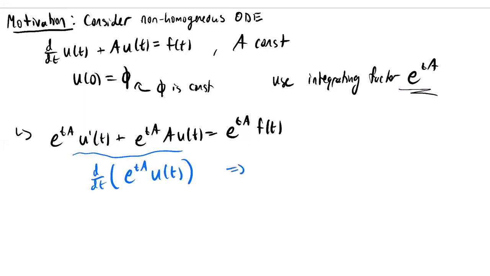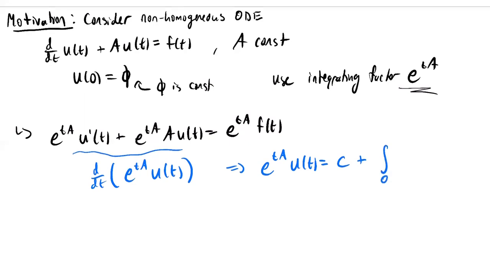And so this implies that e to the ta times u of t is equal to some constant c, by taking the antiderivative, plus the integral from 0 to t of the function that was on the right-hand side, right? We're taking the antiderivative, so I have to integrate. And so like e to the s times a f of s ds.